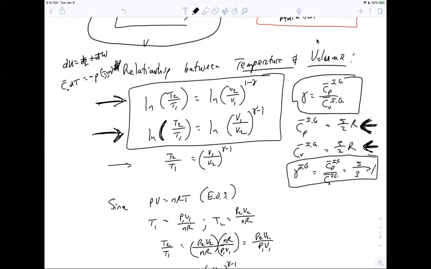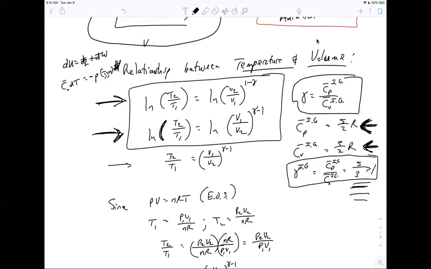You don't lose anything in a constant volume process through work. That's why Cv is lower than Cp, and this is in general true for most fluids. And so the ratio gamma turns out to be 5/3.